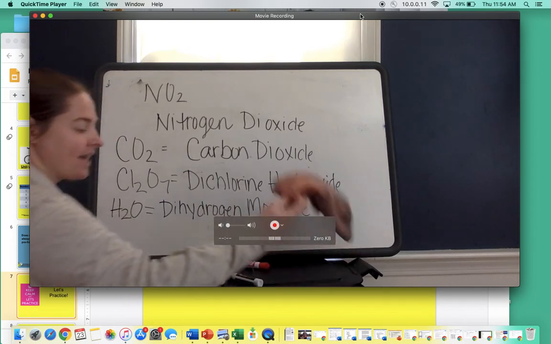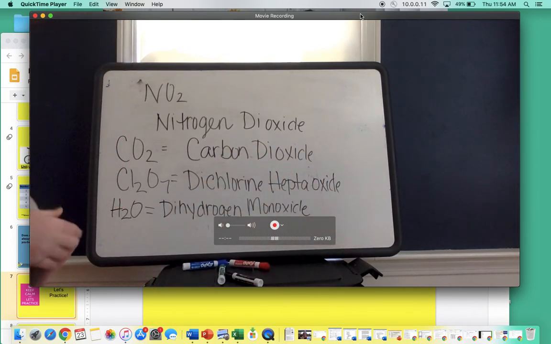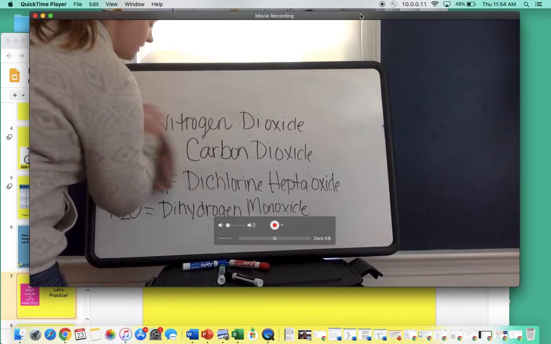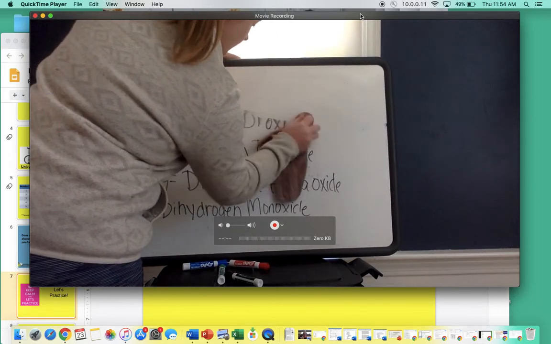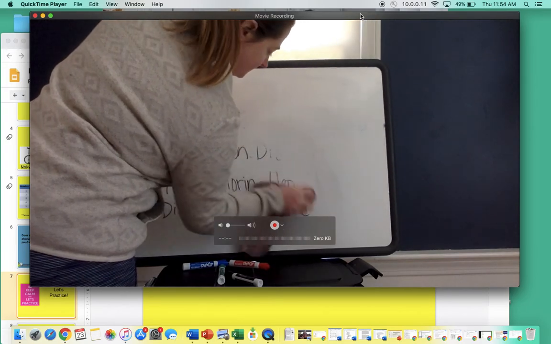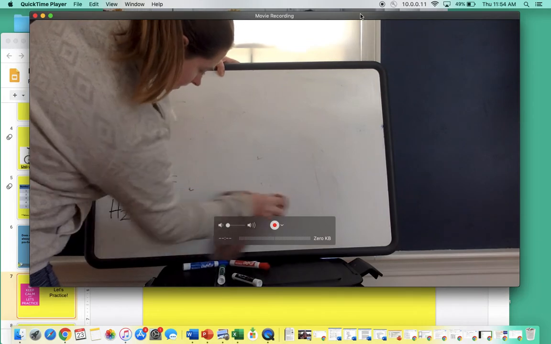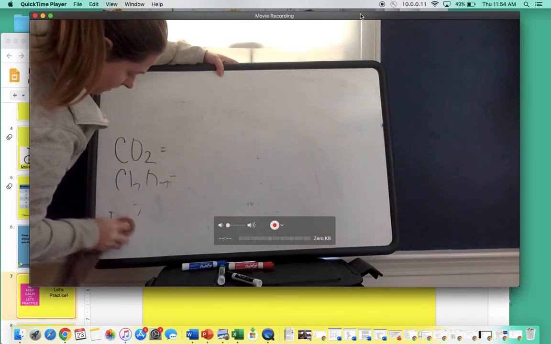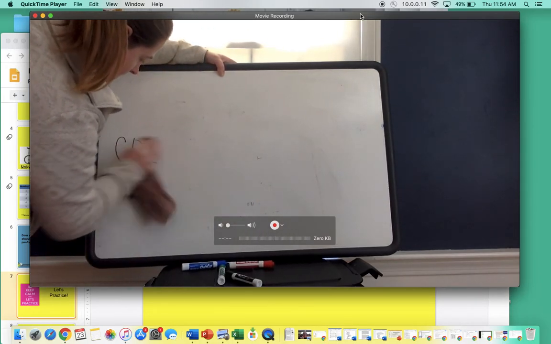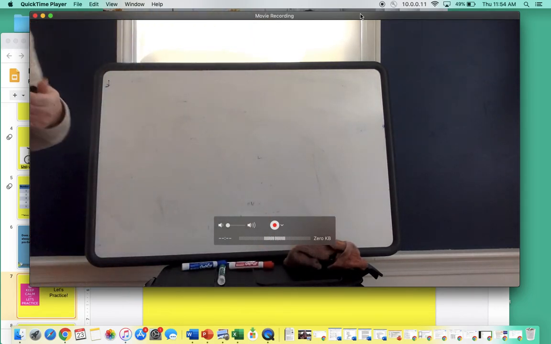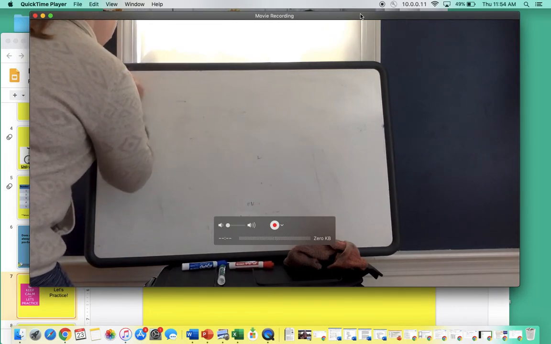All right, now let's flip it around and go the other way. What if we need to write the formula? Okay, so let me erase, and then we can flip and do the opposite direction. So we have diphosphorus pentaoxide.